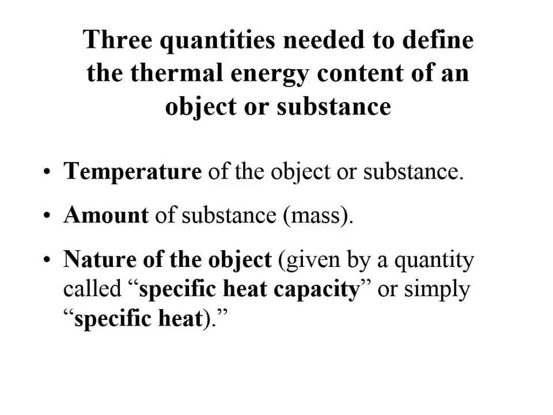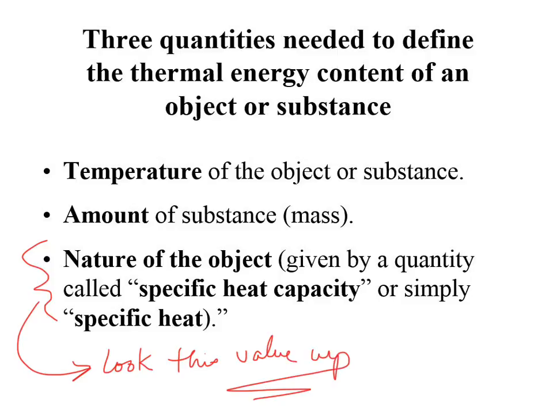Now the specific heat, I'll just go ahead and say specific heat capacity, they're synonyms. I wish I wouldn't use the word table. You look this up, because it's in a table. You look up that value. You could say, what's the specific heat of plastic?